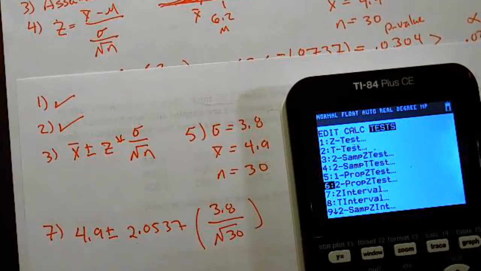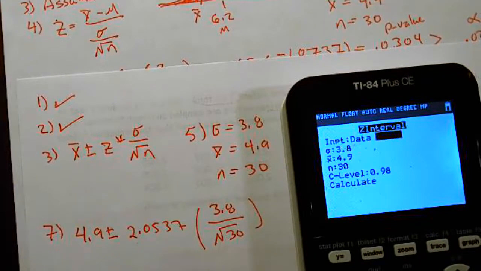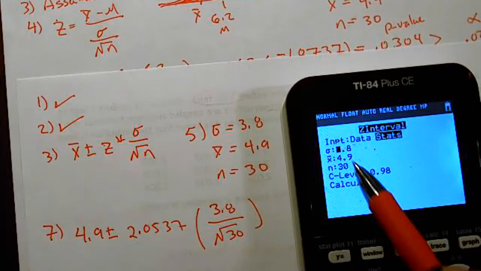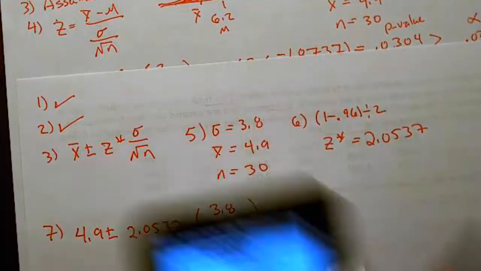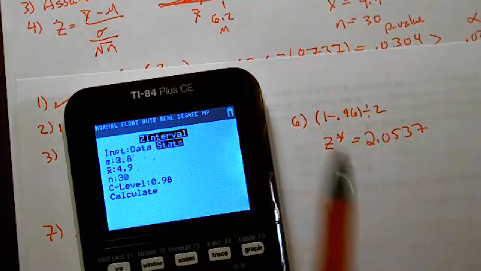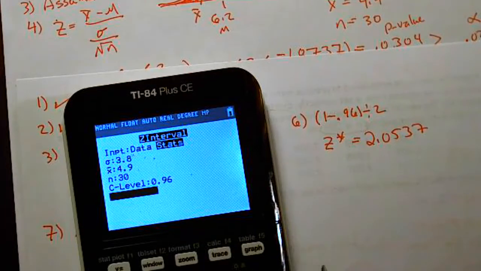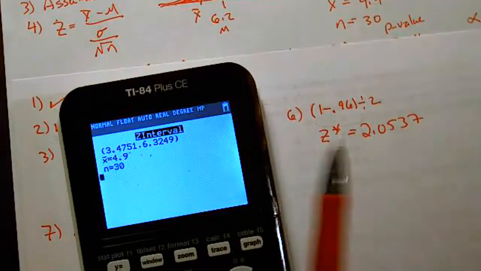So scrolling down to number 7. And I'm going to go ahead and make sure stats is highlighted. I'm going to input my X bar. My standard deviation is 3.8. My X bar is 4.9, 30, and we wanted a confidence interval of 96. And let me check something real quickly.